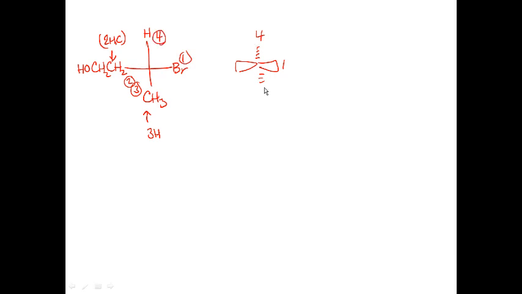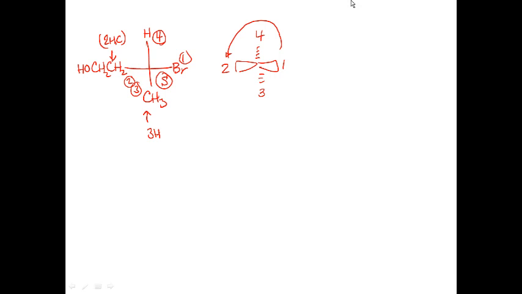So then this is group 3 and that's group 2. Stop, fourth priority group is pointing away from me. Therefore, going from 1 to 2 to 3 is counterclockwise. So this has the S configuration.